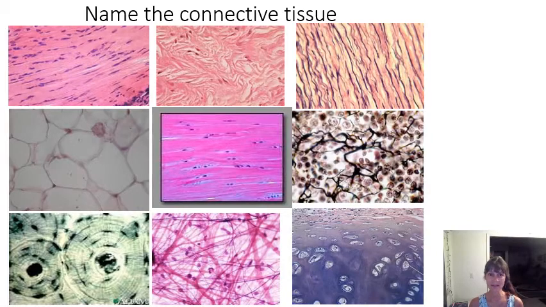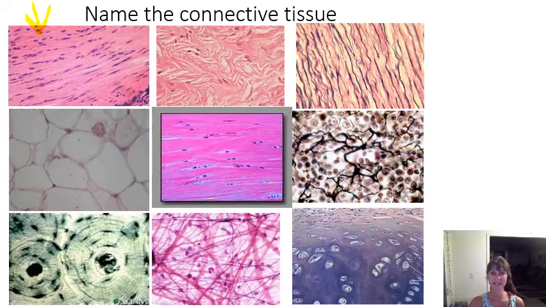Let's see if we can name the connective tissues on these slides. We actually have dense regular connective tissue in the slide at the upper left, right here.